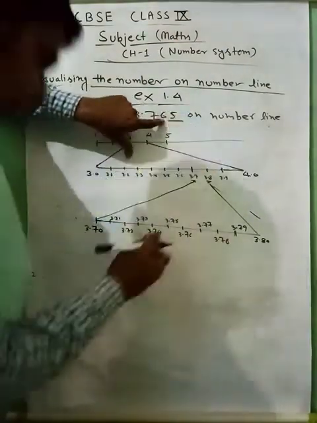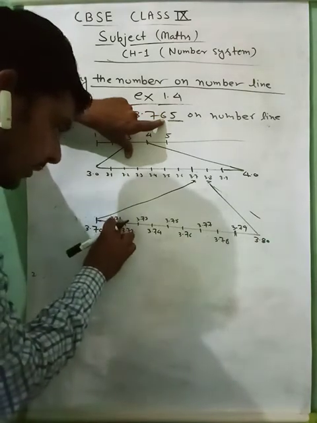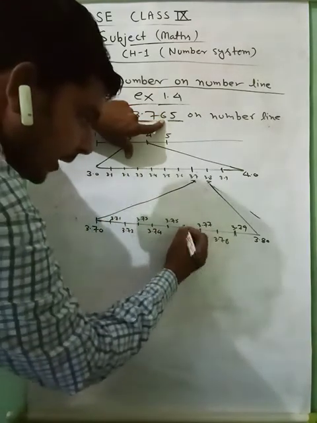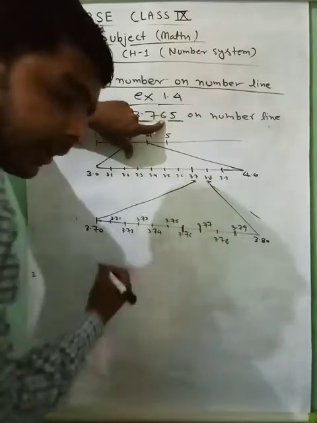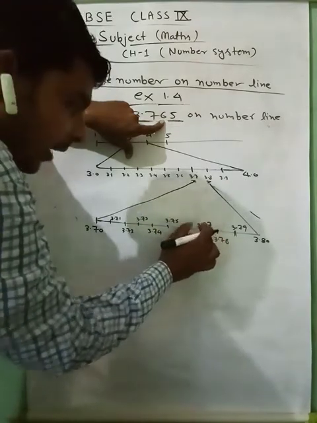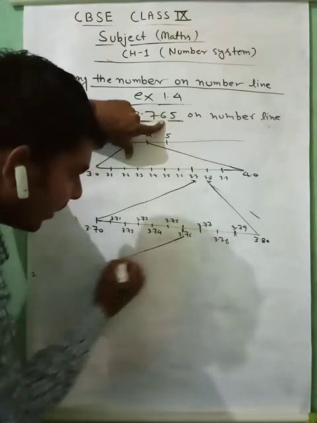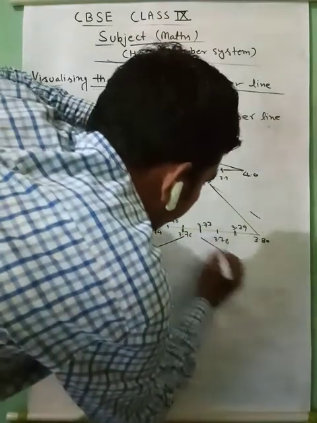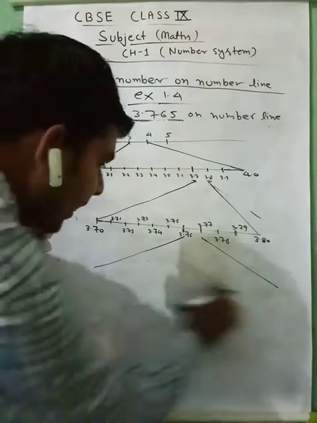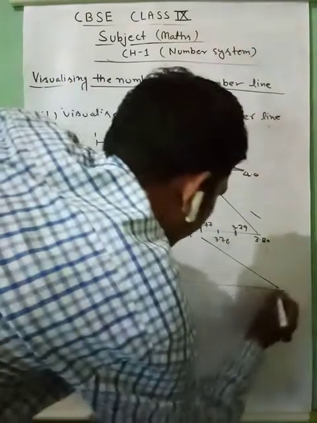Where is 6? We will see 3.71, 72, 73, 74, 75, 76. It means here. Clear? Now again we will see this distance using a magnifying glass. So it will be like this. This distance will be like this, and we will use a number line.